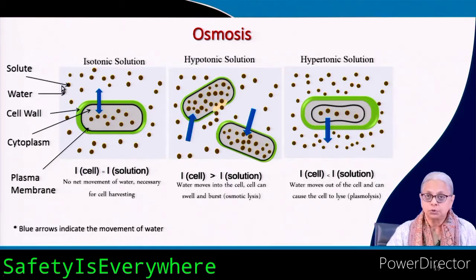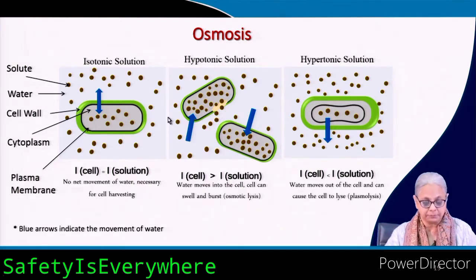So you have your solute molecules which are in the solution, and they are being either taken up or released into solution, and this is your cell wall, the water, and so on, right? So there is no net movement of water in or out of the cell.